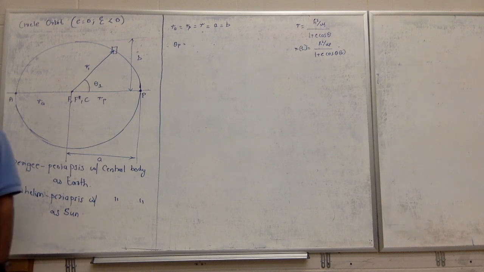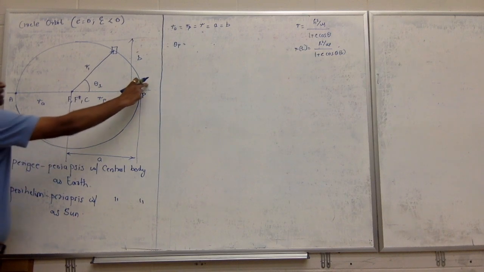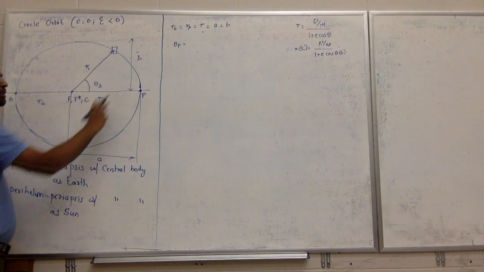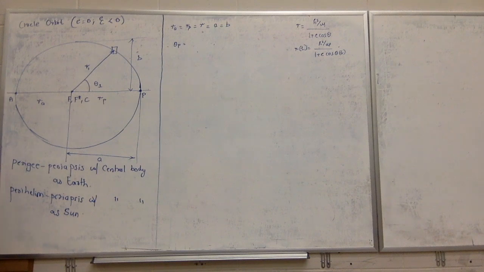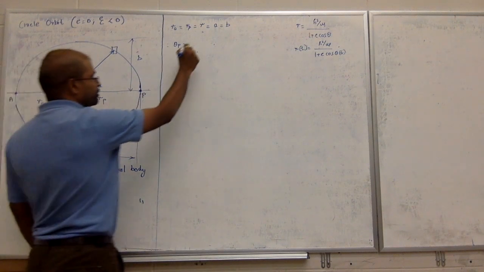Is it not just for a circle? It's for everything, it's 0. θ_P is when the satellite is here, and the angle is measured from the periapsis direction. This θ_P is always 0.